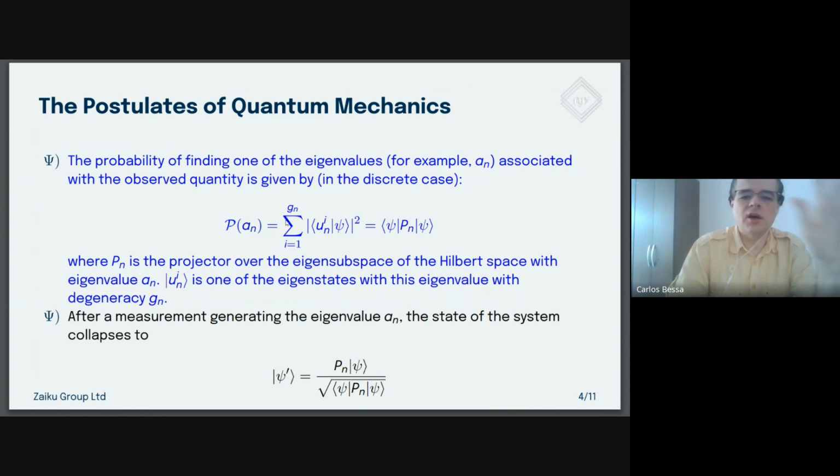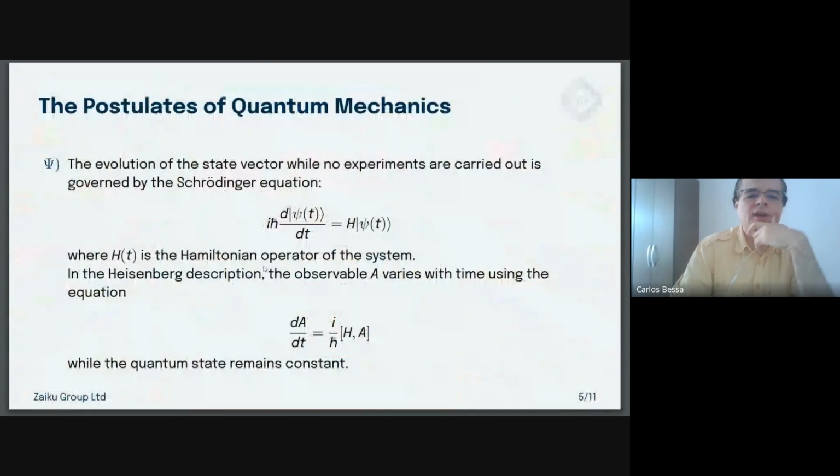We have the other postulates, but because we already discussed them, I will skip them now, and I just put this here in blue because it's the one that we use in the end when we are at the whiteboard. But before, it's just the Schrödinger equation, the postulate about the time evolution related to the Schrödinger equation and the Heisenberg description.